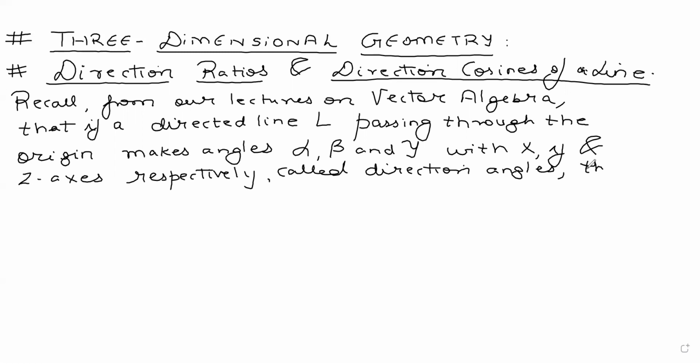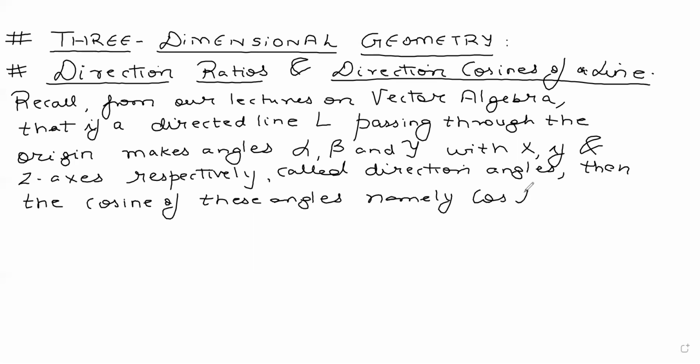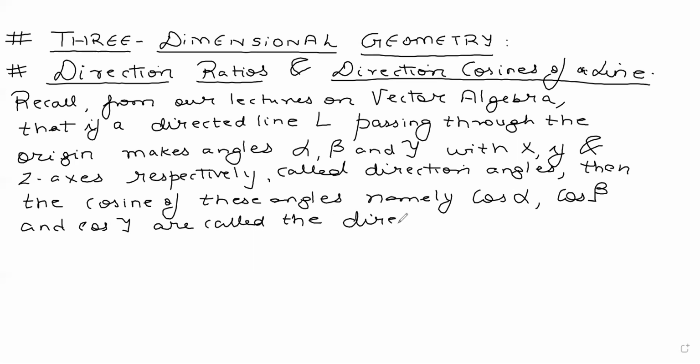Then the cosines of these angles, namely cos alpha, cos beta, and cos gamma, are called the direction cosines of the directed line L.